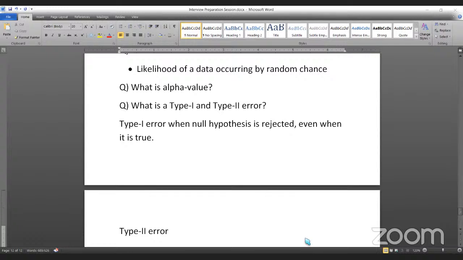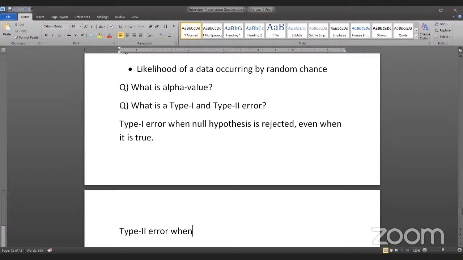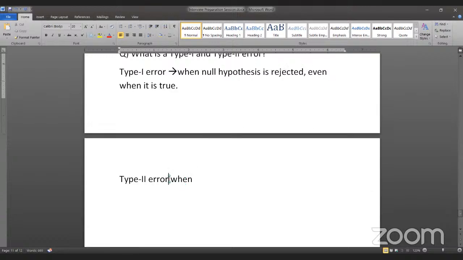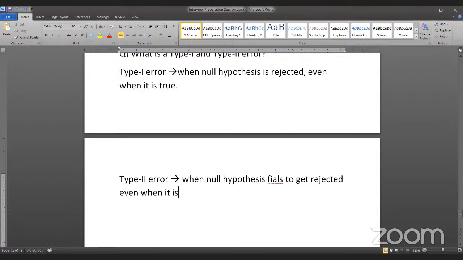Type 2 error occurs when the null hypothesis fails to get rejected even when it is false.